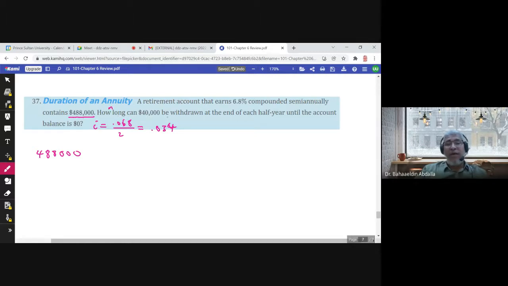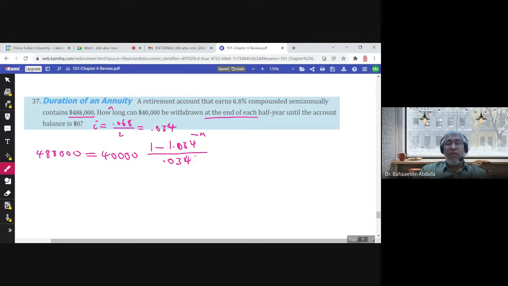Can 40,000 be withdrawn? So 40,000 are the payments, okay? Times 1 minus 1 plus I to the power negative N, because N is needed, over 0.034, which is I. Is it annuity due or at the end of?